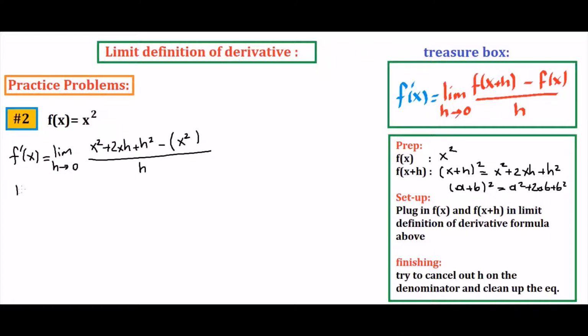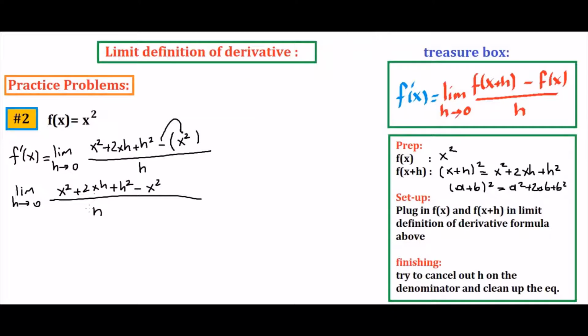Now this is going to be equal to the limit as h approaches 0 of x squared plus 2xh plus h squared minus x squared, because we're going to distribute this, over h.